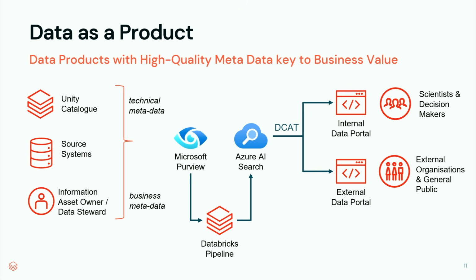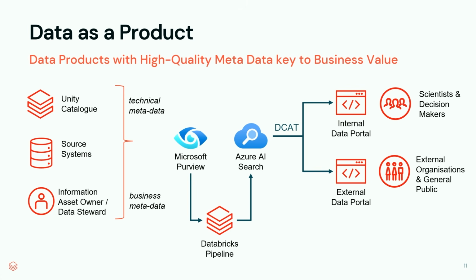And we master all of that in Microsoft Purview. Then we use Databricks pipelines to take that metadata out of Purview and populate a search index that we can make available through data portals, both to the public, but also internally as well.